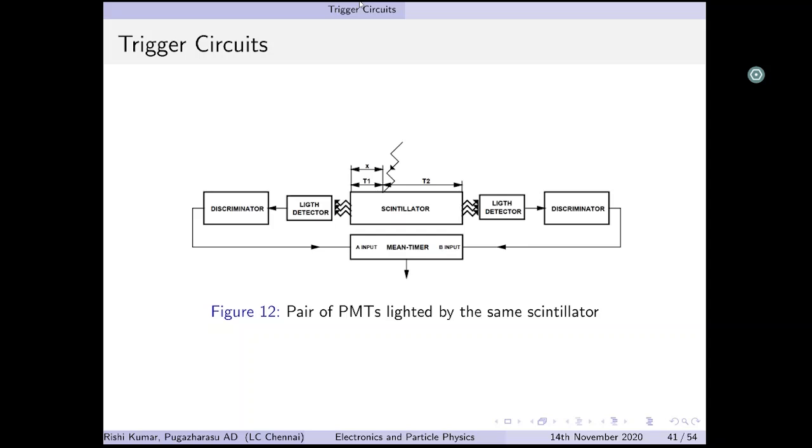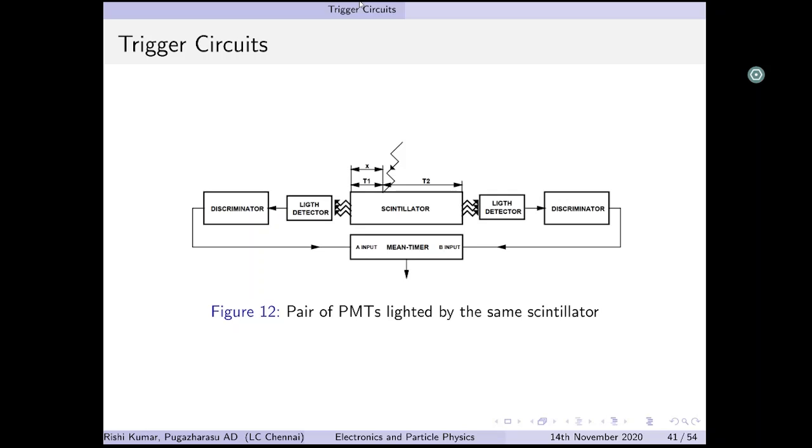So yeah, the mean timer is used in many fields, not just in this context. But why it's used here is we want to obtain a mean arrival time. We're basically using it as the TDC, the time digital converter.